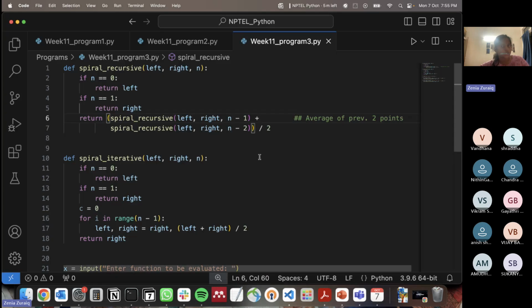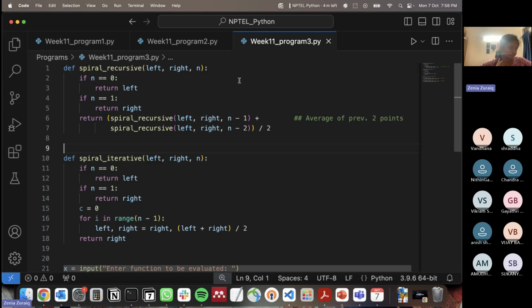Same logic applies here. As you always know, whenever we define a recursive function, we should have some base case. Otherwise, it will keep subtracting and go to infinity. It will never end. Here, our base cases are n equal to 0 and n equal to 1. Whenever it reaches n equal to 0 or n equal to 1, it returns a certain value. So our function is fine. So does everyone understand the recursive part?